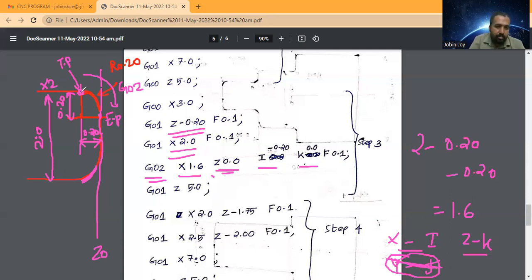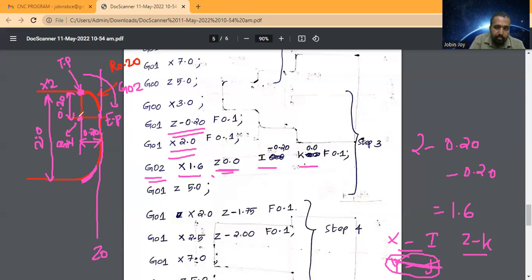So I means, this is the starting point, and what about the center? This is the center. This gap, this distance, you have to enter in the parameter. So is this axis the X axis or the Z movement?